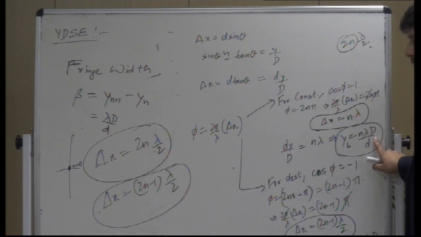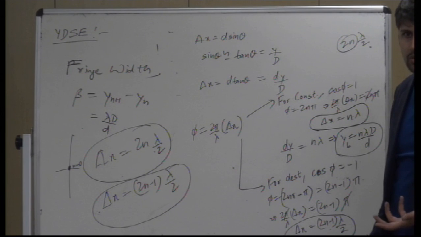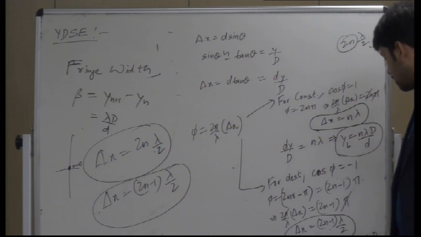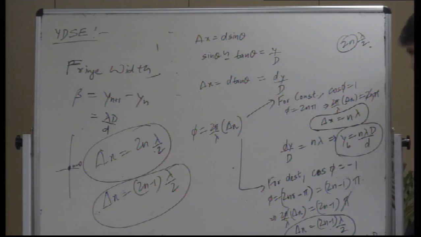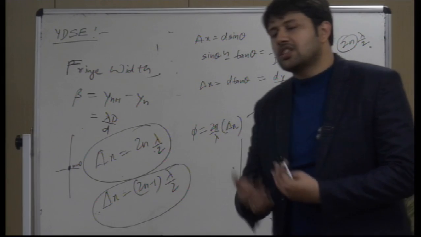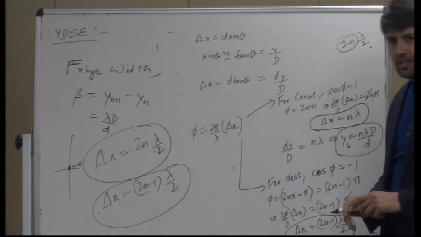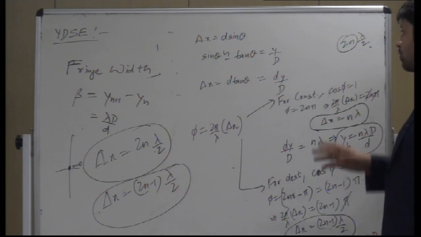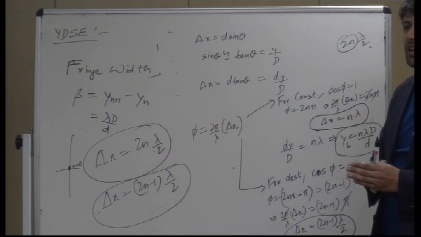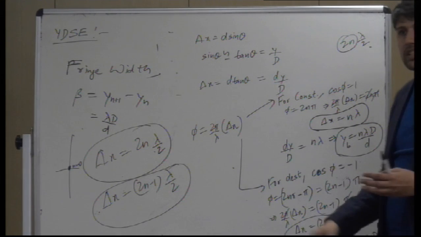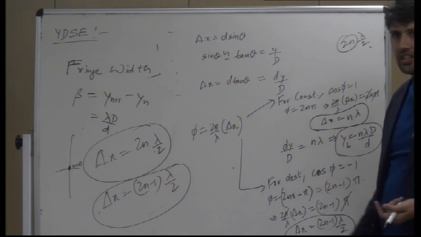For first, put n as 1. Now dark fringes don't start from 0, they start from 1. So put 1 here. You would get lambda capital D by 2d. So that's why I used -1. If I had used plus sign here, you would have got the position as 3 lambda capital D by 2d. You would have missed 1. So to keep the naming on the screen and in the formula the same, I introduced -1 here instead of +1.